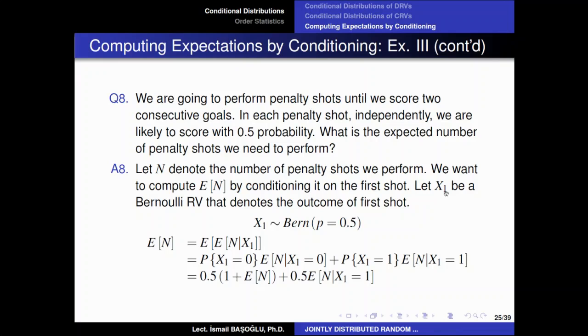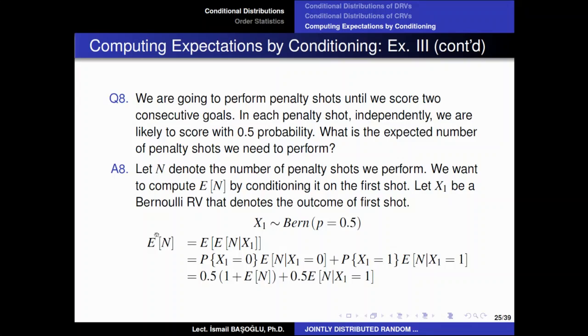X1 is going to be equal to 1 if my first shot is a score, and X1 is going to be equal to 0 if I miss my first shot. So the outcome of the first shot is X1, a Bernoulli random variable which takes the value 1 with 0.5 probability, and takes the value 0 with the failure probability 0.5.